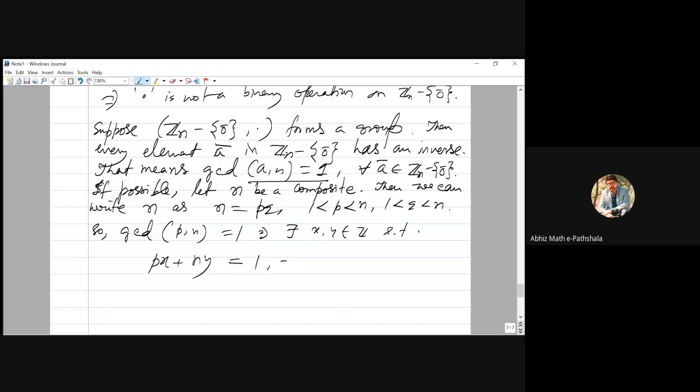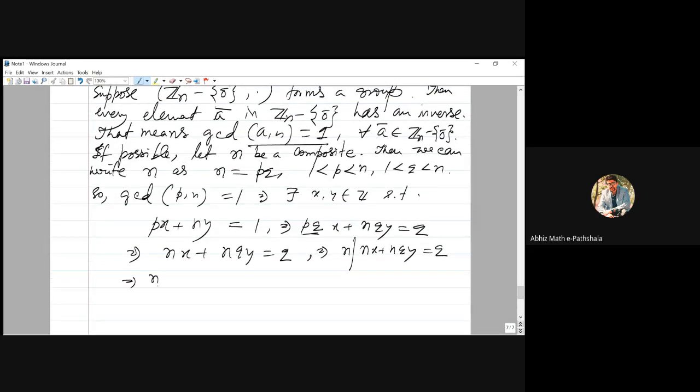Then multiplying q on both sides, pqx plus nqy equals q. So this pq is n, so it is nx plus nqy equal to q. That means n divides nx plus nqy, which is q.